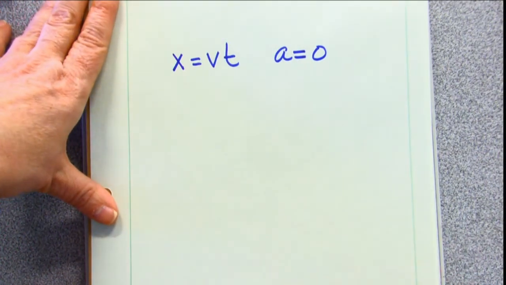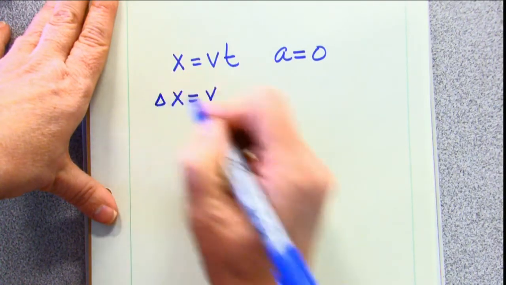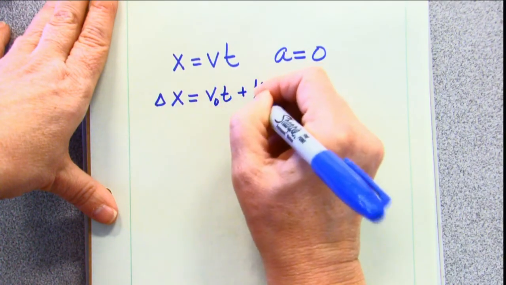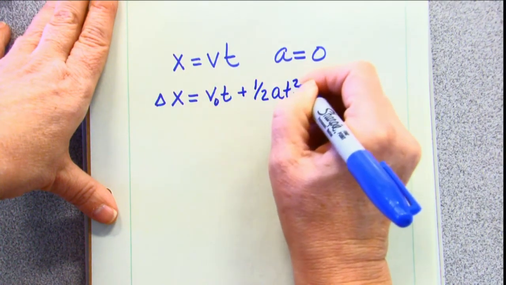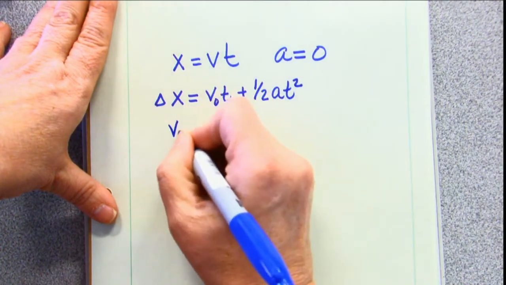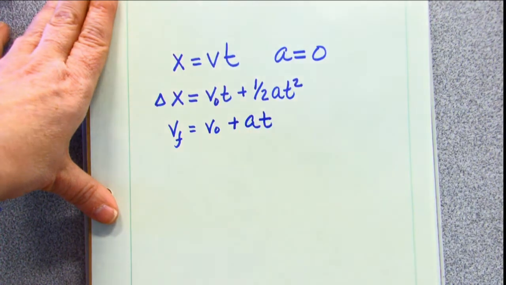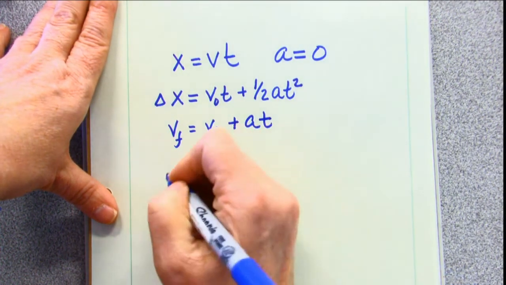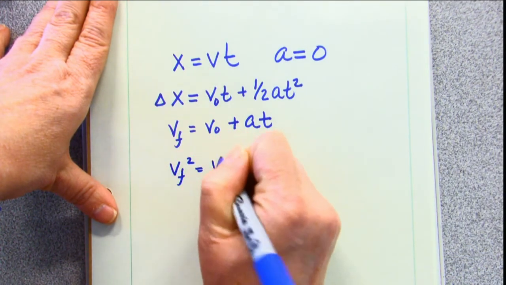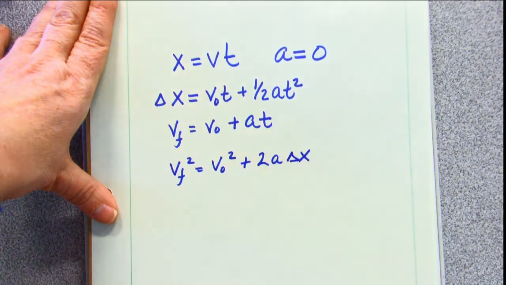So if I'm traveling at a constant velocity, I have this. And change in position is equal to my initial velocity times time plus 1/2 at squared. That's one of them I've got. Then I have velocity final is equal to velocity initial plus the acceleration times time. And then I have that velocity final squared is equal to velocity initial squared plus 2 acceleration times my change in position.